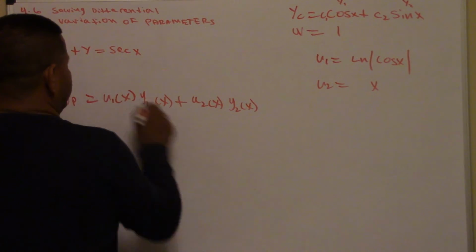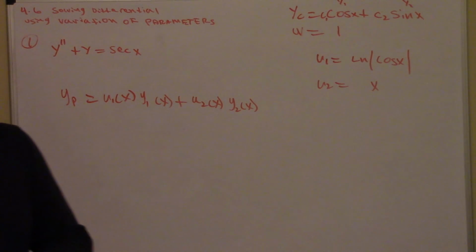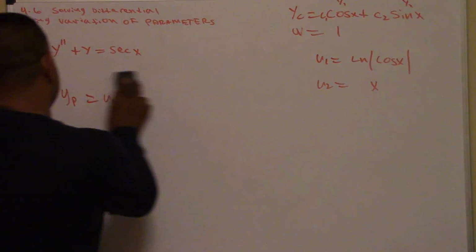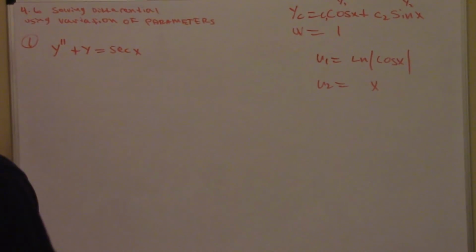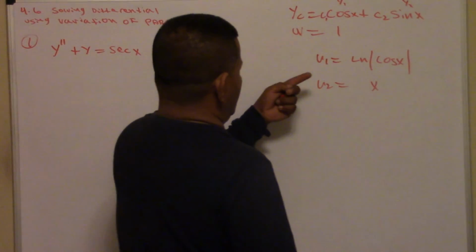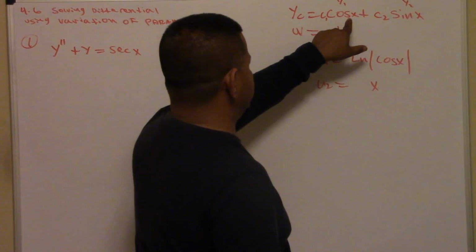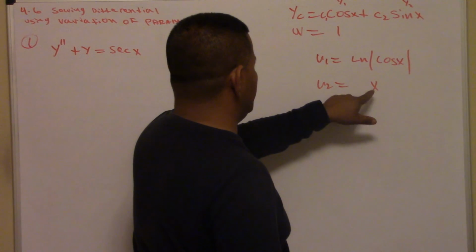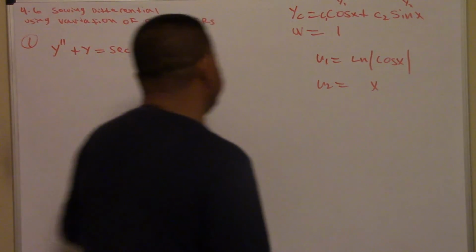So this should be the formula for Yp. That is the formula for Yp, right? Now, I am going to take U1, right, and multiply times that, right? And I'm going to multiply U2 times that, right?